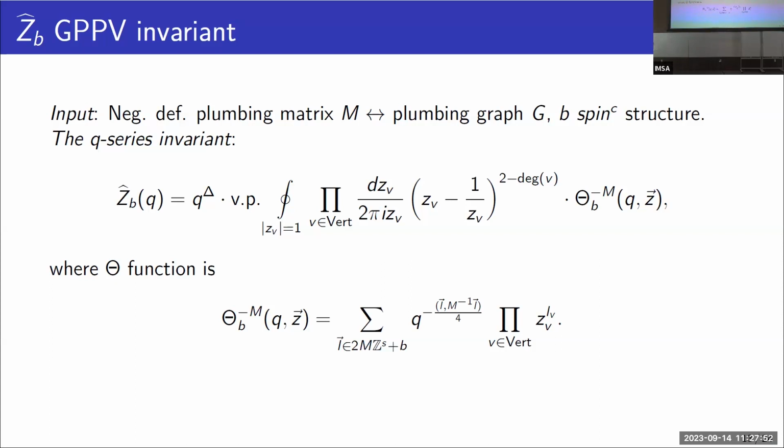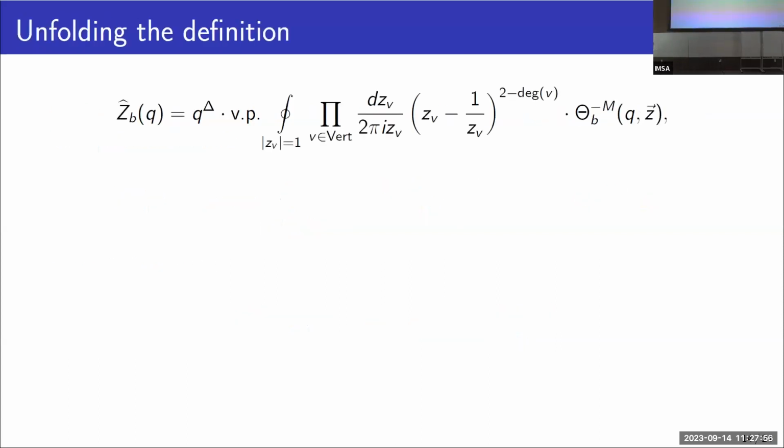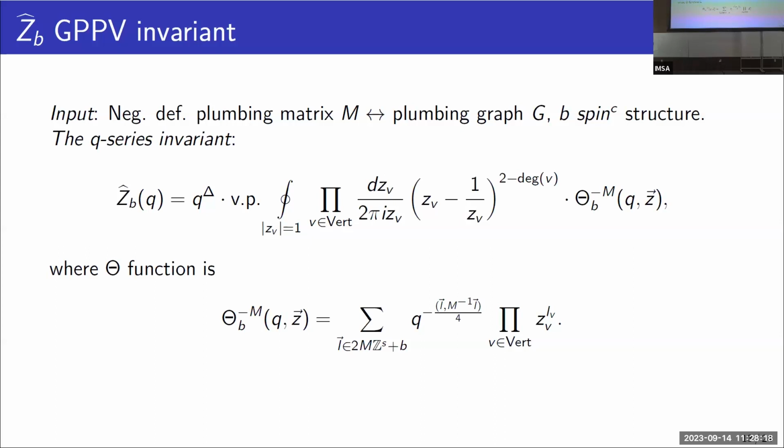The plumbing matrix M gives us a lattice: we take Z^n and act by this matrix, which gives us an image embedded again in Z^n. And B is just some vector in this lattice. This is the lattice in lattice cohomology.